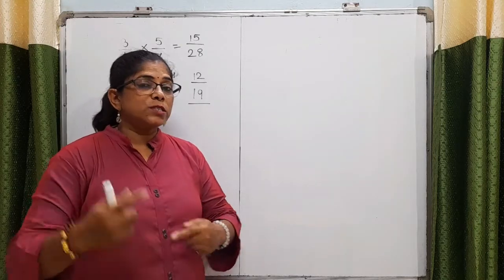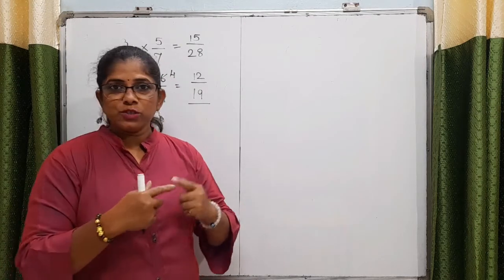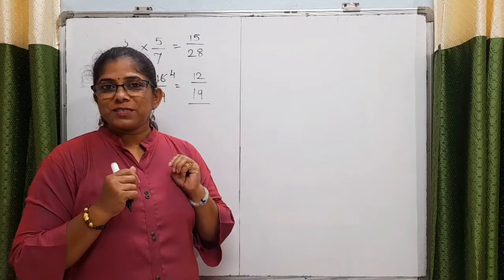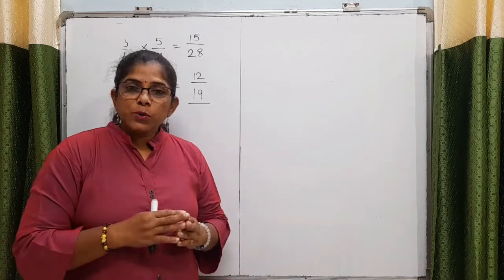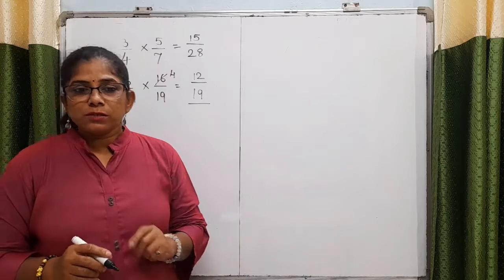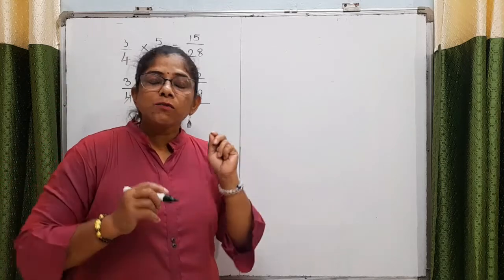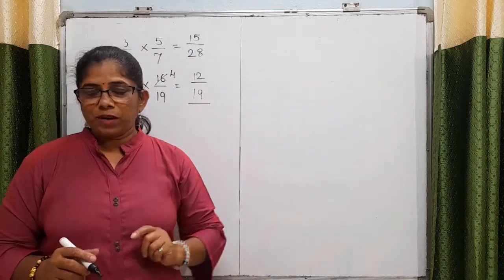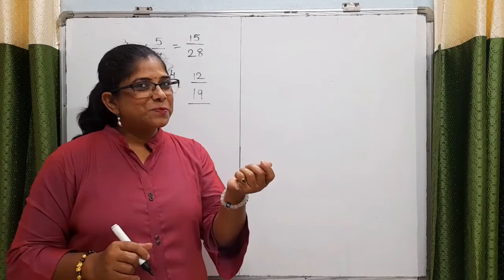Now if we come across mixed fraction in this multiplication of fraction, how to solve it? I have already told you that if we come across mixed fraction, the first thing is you have to convert that mixed fraction to improper fraction. How to do that? It's already explained.